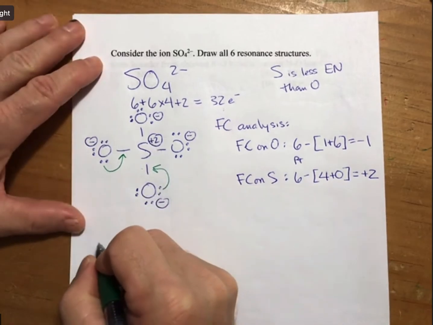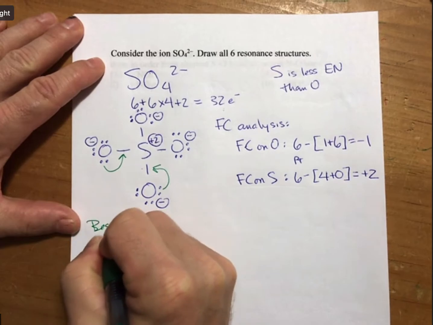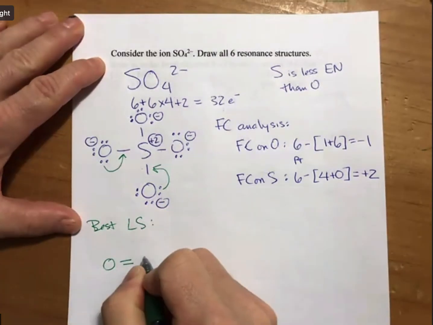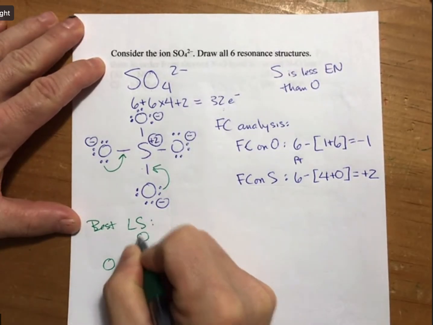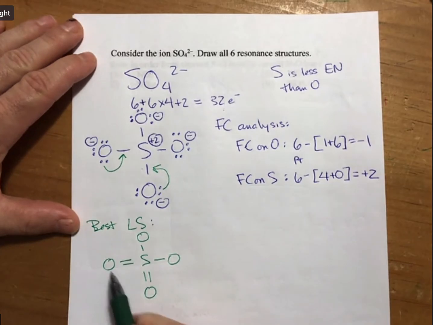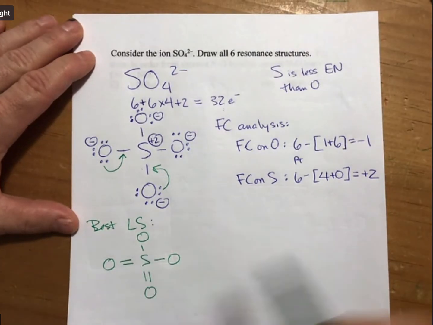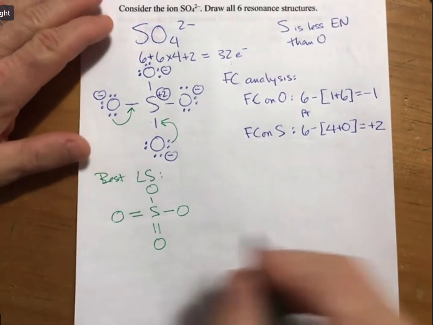So our best Lewis structure has 2 double bonds to oxygens and 2 single bonds. Since they're Lewis structures, they always have all of the valence electrons, so I better fill them in.